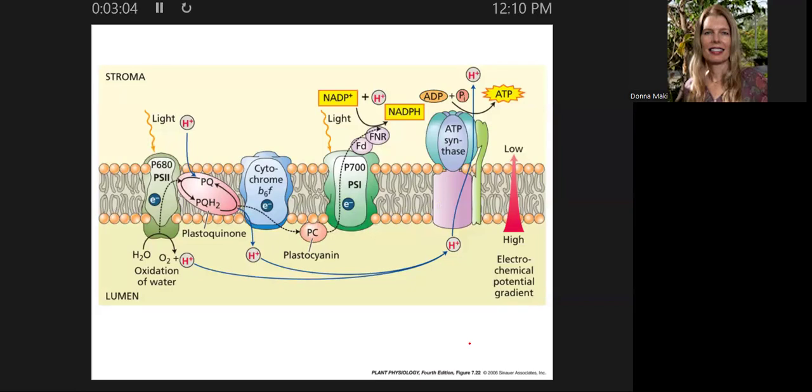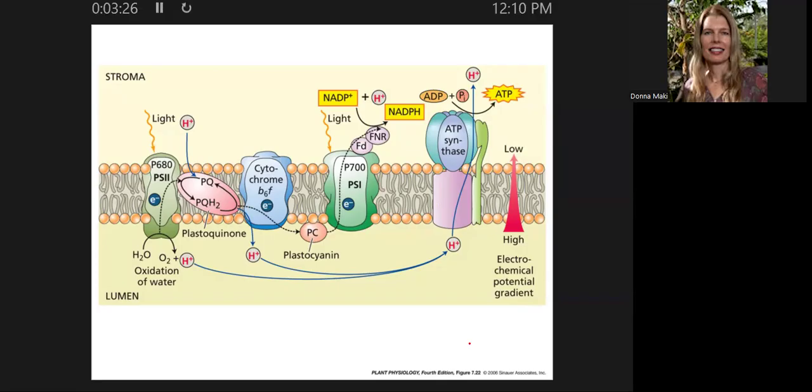So we've been looking at this idea: when you think about the light reactions with plants, you think about the idea that there's two photosystems, and those are transmembrane major big complexes. So you have photosystem 1, photosystem 2, and then cytochrome B6F is also very large and spans the width of the membrane.